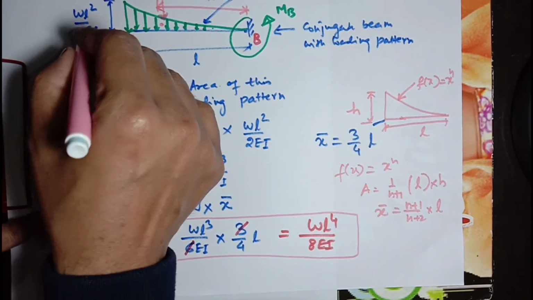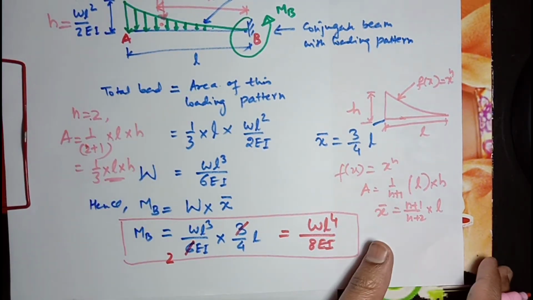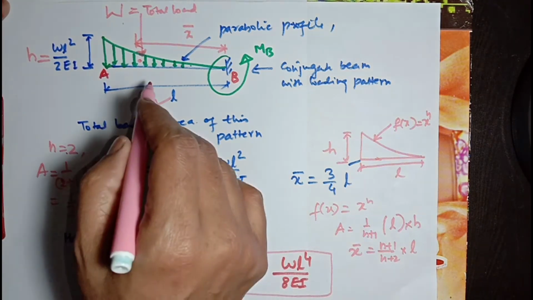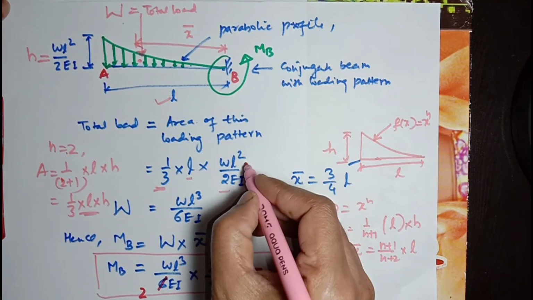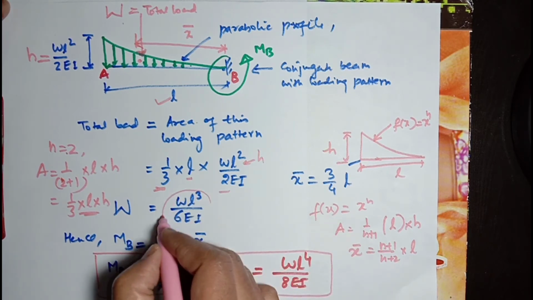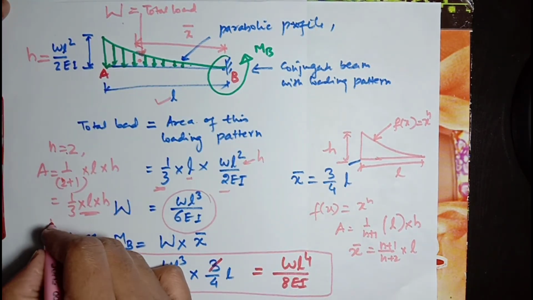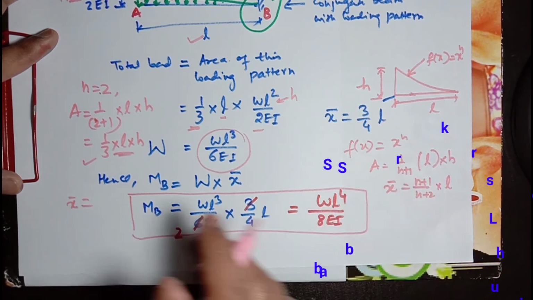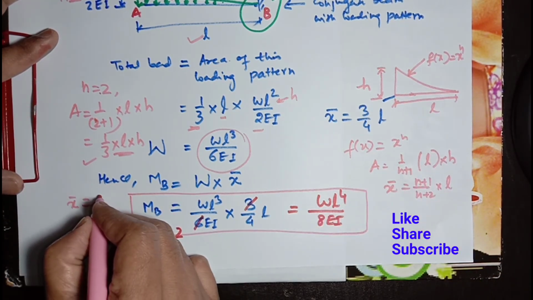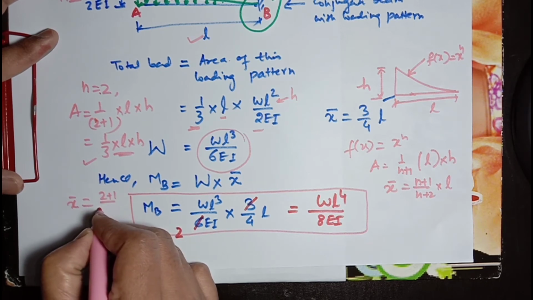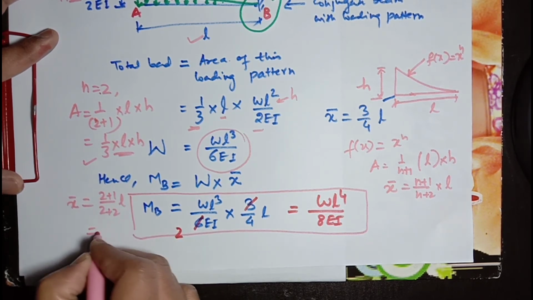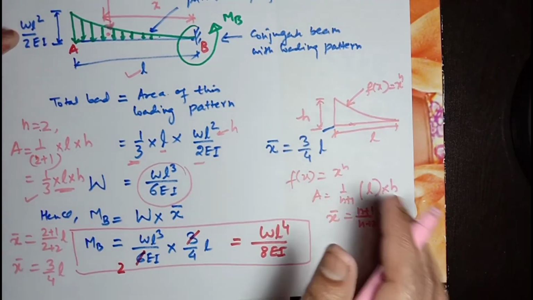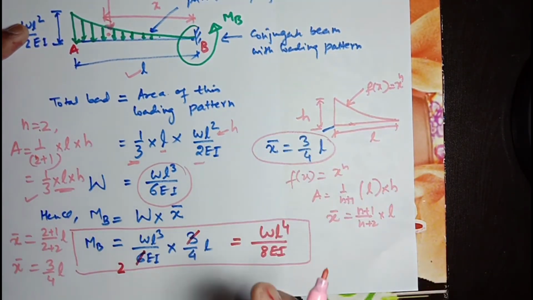This is h, this is L. We calculated total load W from this formula, and x bar is n plus 1 divided by n plus 2. In place of n we put 2 plus 1 divided by 2 plus 2 into L. This is 3 divided by 4L, x bar. I directly used the formula 3 by 4L.